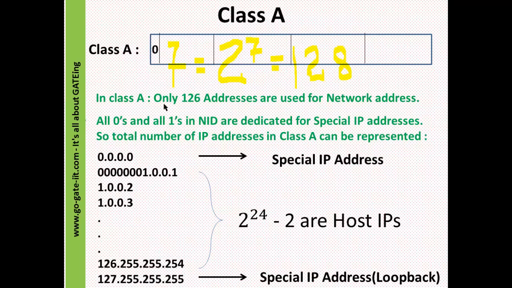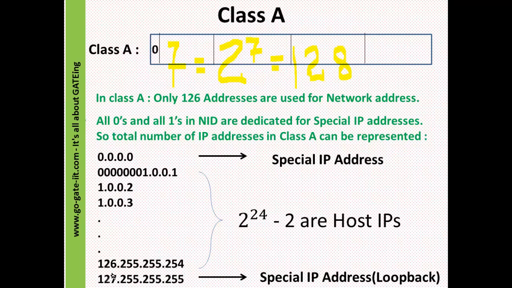Now in class A, only 126 addresses are used for network address. As we have a total of 128 network addresses possible in class A, how did 126 come into the picture? You can see here that 0.0.0.0 is one of the possible combinations which leads to a class A IP address, and 127.255.255.255.